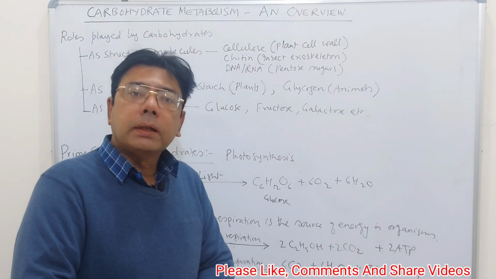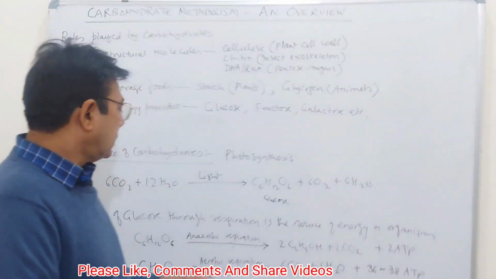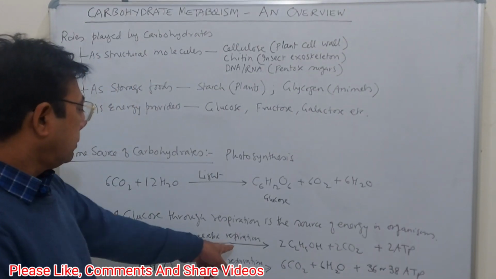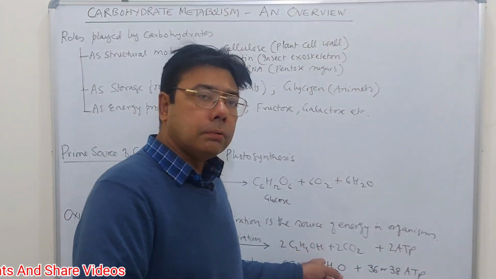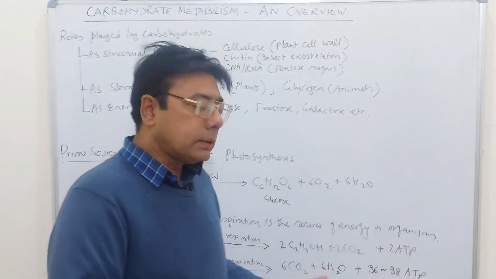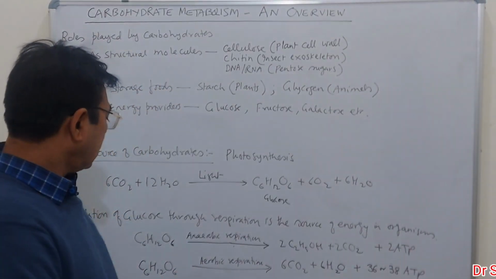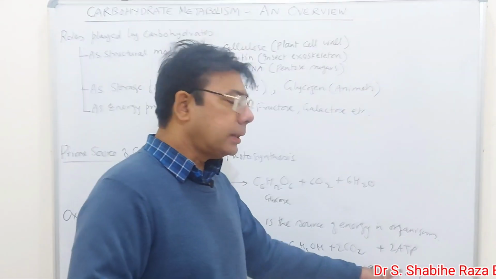Whenever animals consume plants, they take glucose and they oxidize it either through the anaerobic method, in which glucose is converted to ethyl alcohol and CO2 yielding ATPs, or it is oxidized through aerobic respiration, which is a longer process and yields 36 or 38 ATP.